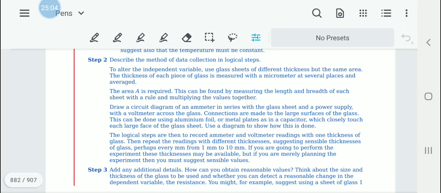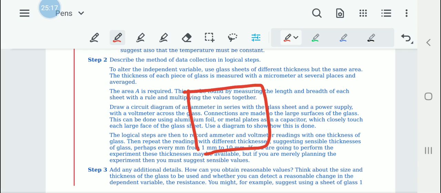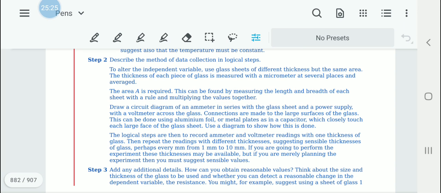Then you might want to use metal plates as in a capacitor. When I drew the glass, I drew it like this, but that is actually the thickness. The larger side is where you need to make a connection.